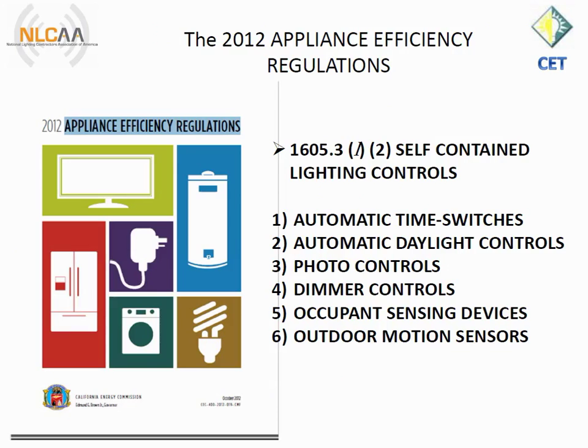Here is a list of the lighting control devices that are regulated under Title 20. We have time switches, components of automatic daylight controls, photo controls, think photo switches when you look at that, dimmer controls, occupant sensing devices, and this includes outdoor motion sensors, which are also described in the Appliance Efficiency Regulations, also known as Title 20.